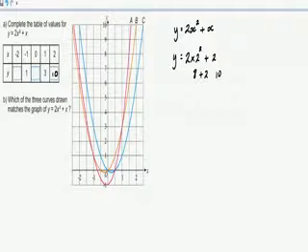Okay, so now we go to where x is 0, and this is really easy. If x is 0, then that's 2 lots of 0 squared plus 0. Well, 0 squared is nothing times nothing, which is nothing, and 2 lots of nothing is nothing, plus nothing.